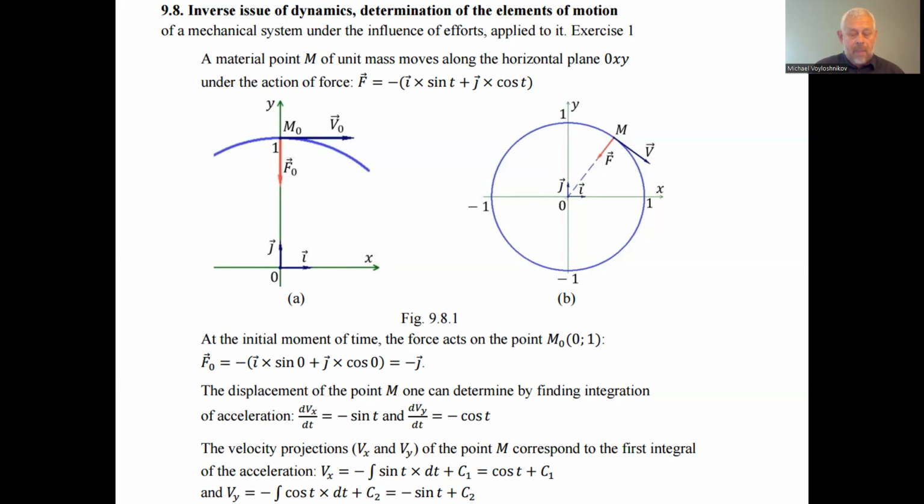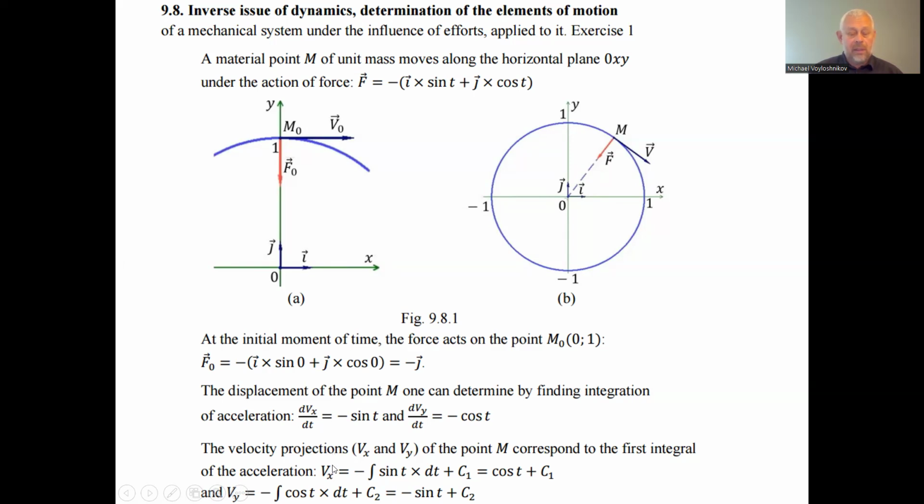The force of inertia equals the product of the mass of the mechanical point, mechanical body, etc., onto the acceleration of this definite mechanical body. So let's find first the accelerations.